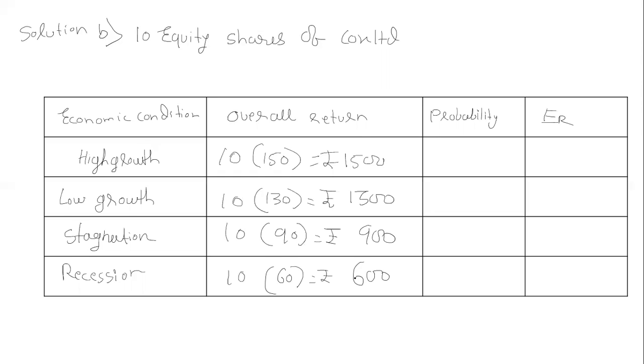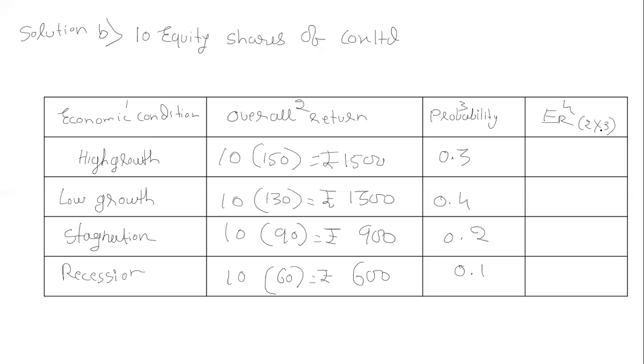Now we know the probability. Again, that will be the same. That is 0.3, 0.4, 0.2, and 0.1. So expected return, that again same thing. We'll just put column numbers here, 1, 2, 3, 4. So column number 2 into column number 3.